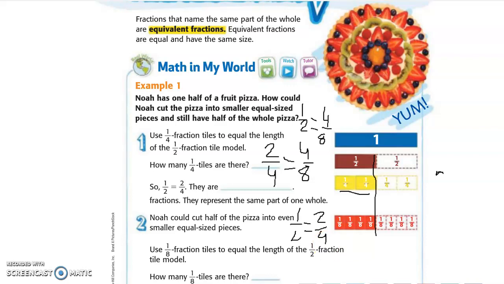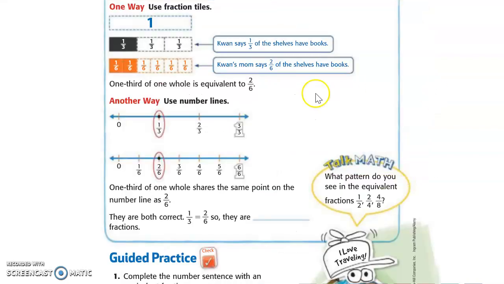So today as you're working, you might be given number lines. And they give these to you, like I said before, as one method of helping you find out if it's equivalent. So I know by looking at this number line that 1/3 is equivalent to 2/6 because on our number line, these both started with 0.